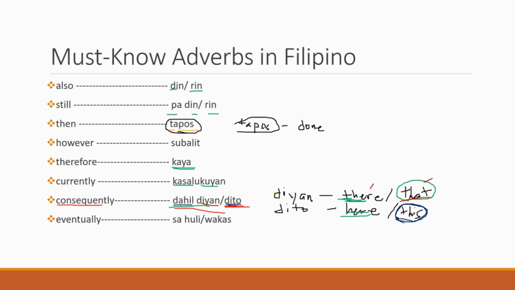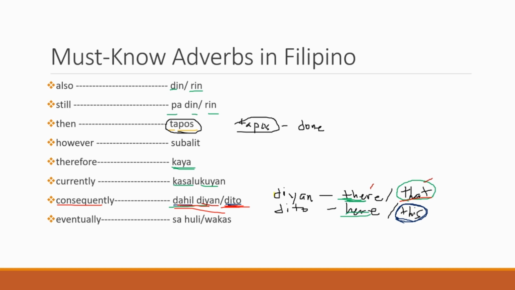So in Filipino, either of the two, dahil dyan or dahil dito, is acceptable as the equivalent of consequently. Okay, is that clear? And lastly, we have eventually. Sa huli or sa wakas.